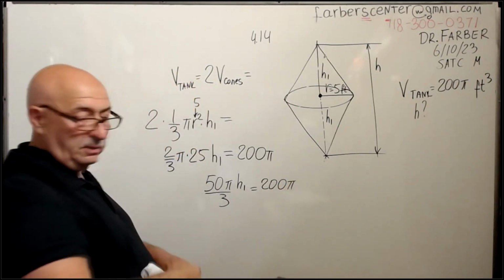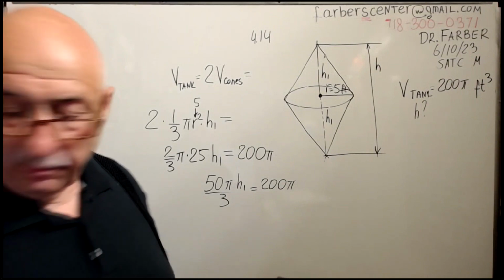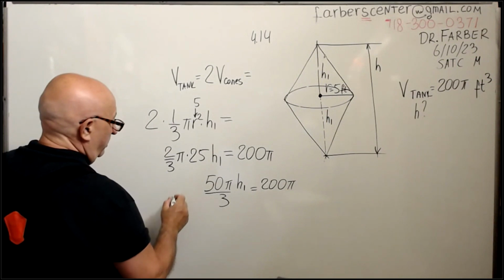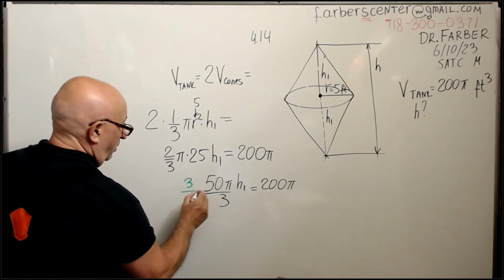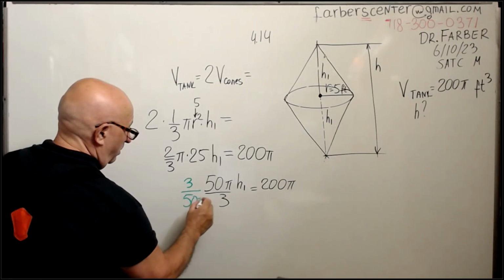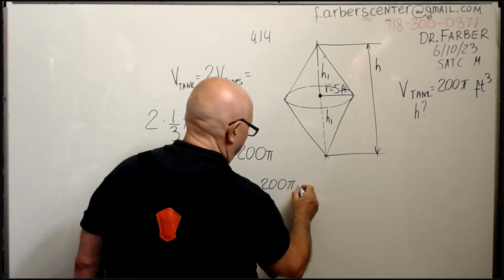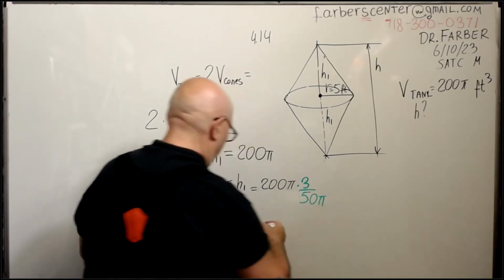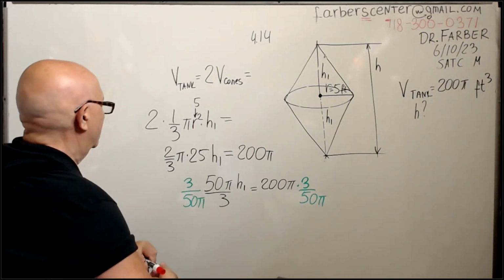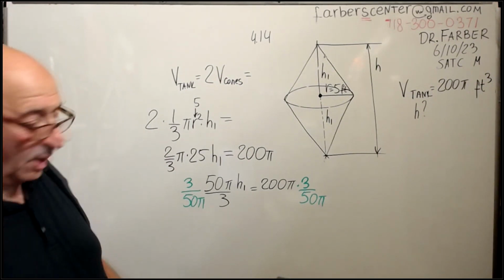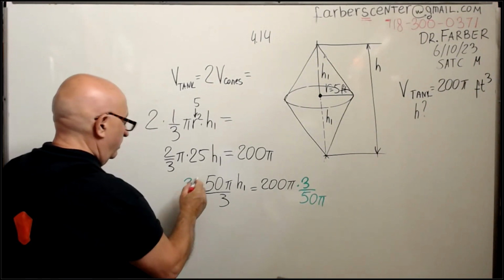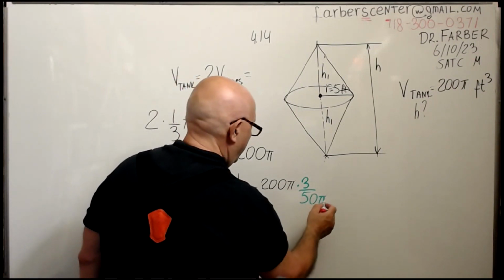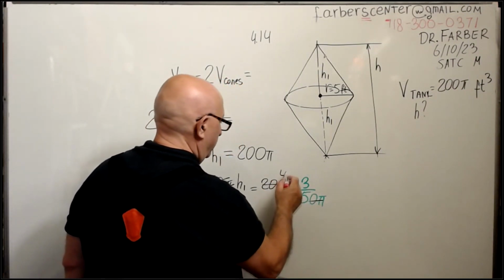To find H1, I take a different color and multiply by the reciprocal. The product of two reciprocals equals 1. 3 over 50 pi times 3 over 50 pi. After simplification, this and this, this and this. So 50 goes into 200, 4. It will be 12.